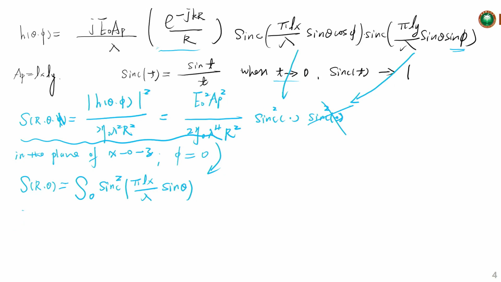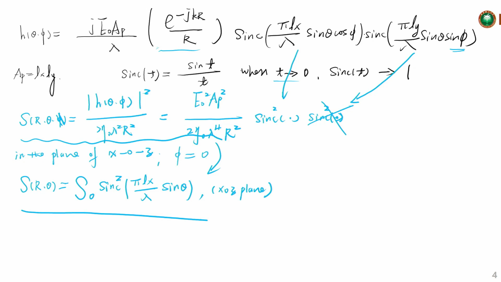Alright, so this is the power density in the x o theta plane. So we get the power density now, and I wanted to say how the beam pattern is going to look in the x o theta plane.